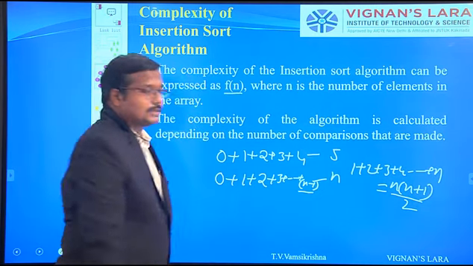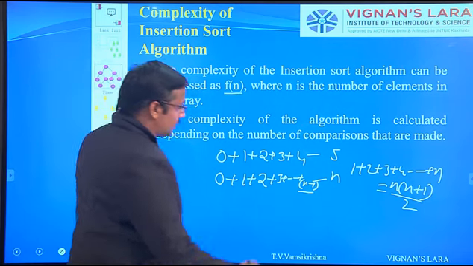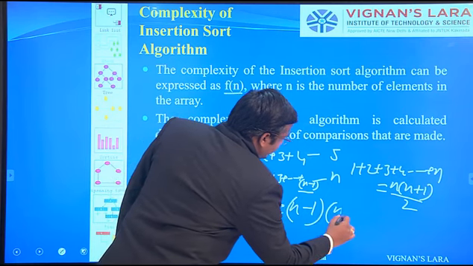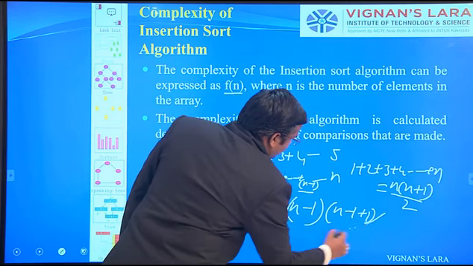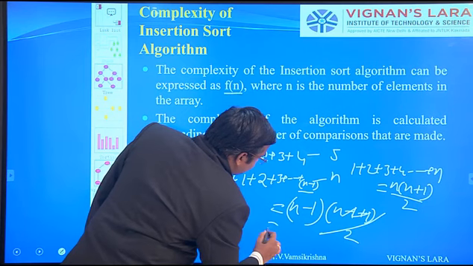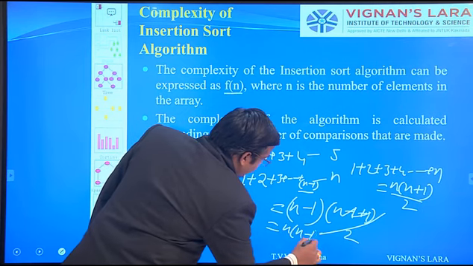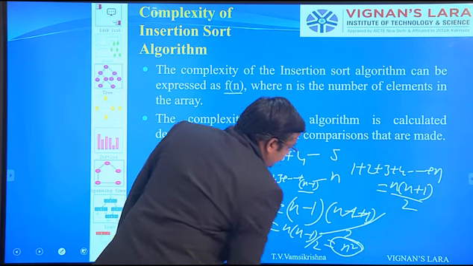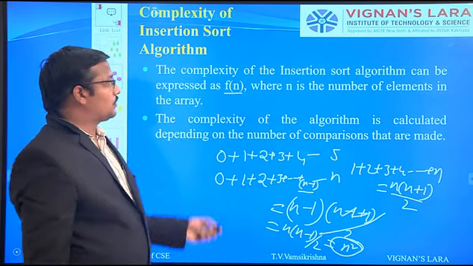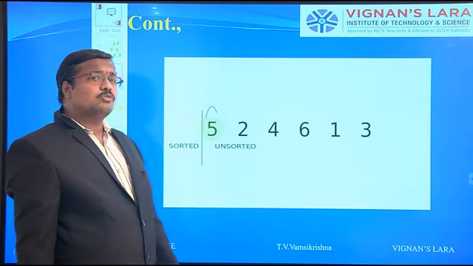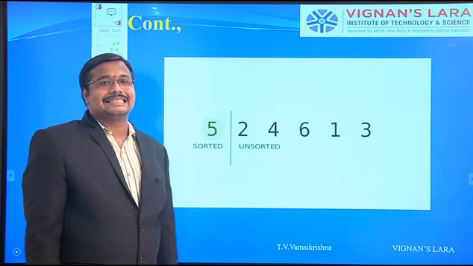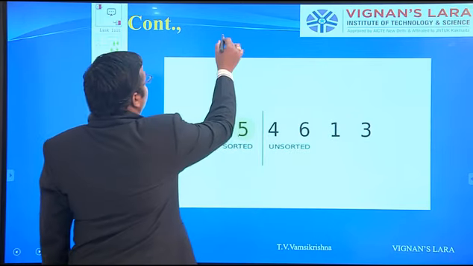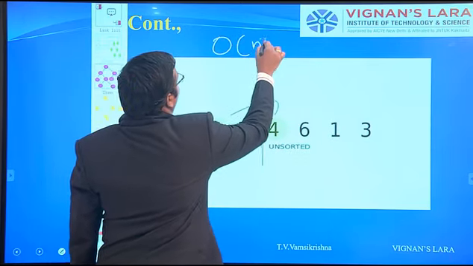Here in the n place we substitute n minus 1, so it is n into n minus 1 plus 1 divided by 2. The 1 cancels, giving n into n minus 1 by 2. So the maximum here is n square. So the time complexity of insertion sort is definitely big O of n square.